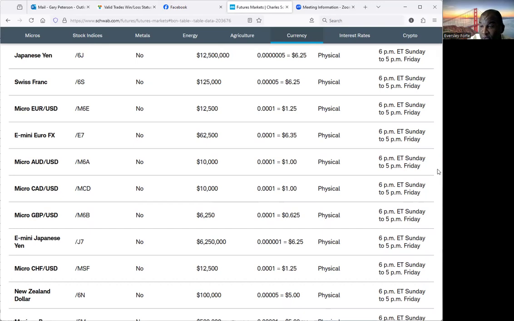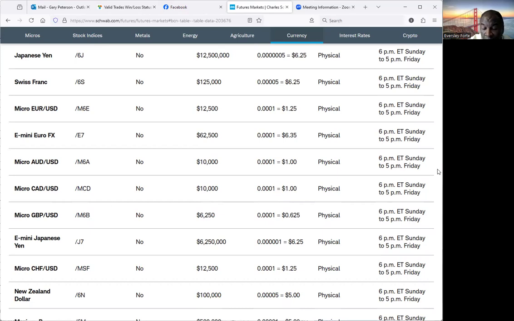So you only have to put up a couple hundred dollars and we get approximately 50 to 1 leverage. Let's say you were buying a $100 stock, it would cost you $100. You might have 2 to 1 leverage, so it might cost you $50.